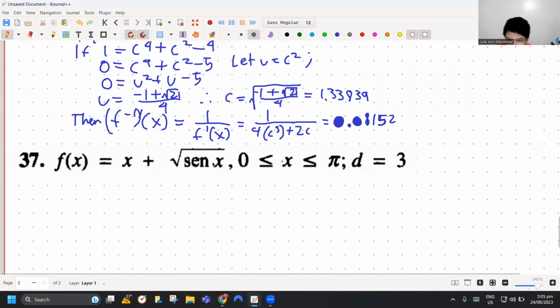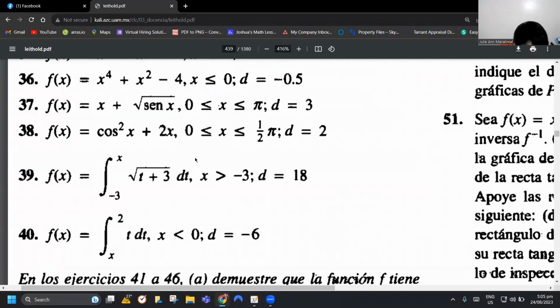Kasi, yes, I think kaya naman po, but I just erase the square root of sine x. So sine c.